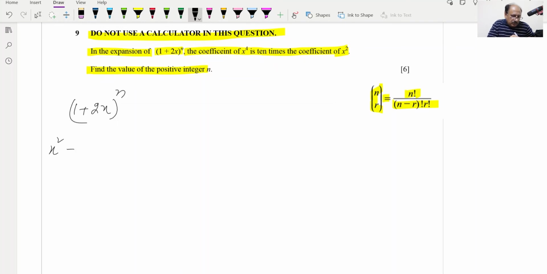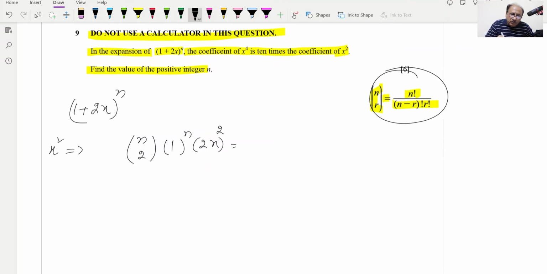For x squared we will take nC2, and 1 raised to the power n and 2x raised to the power 2, and this will be equal to n factorial over n minus 2 factorial into 2 factorial, and 4x squared, we can put in brackets.